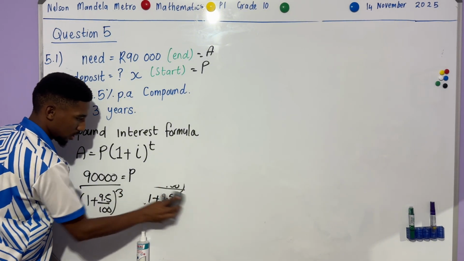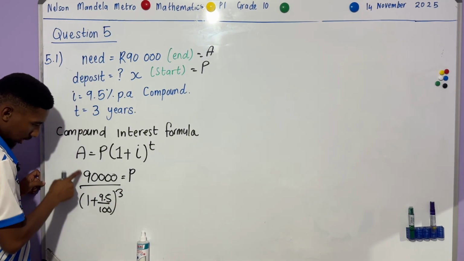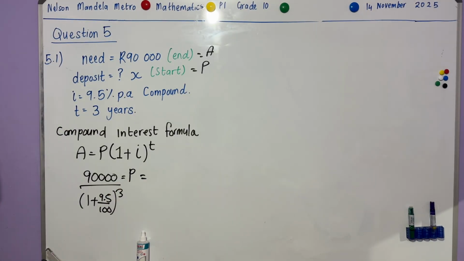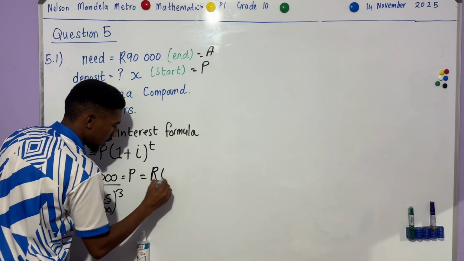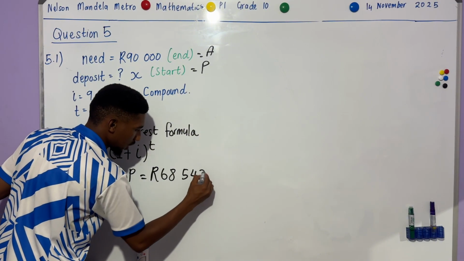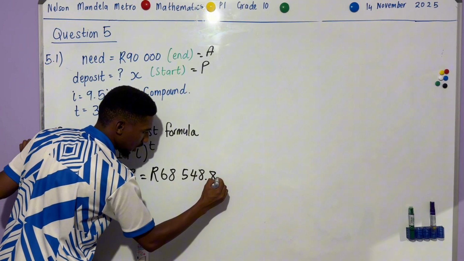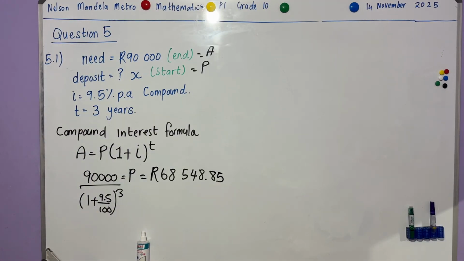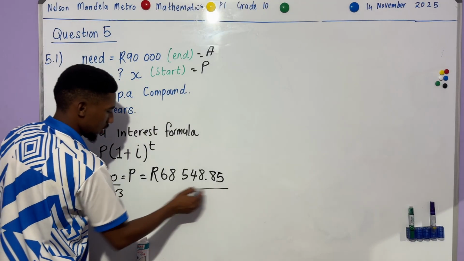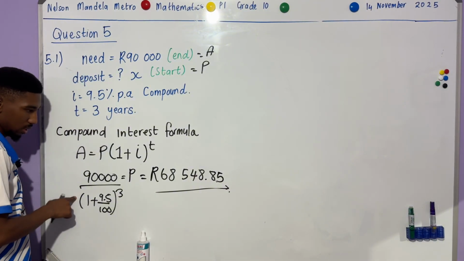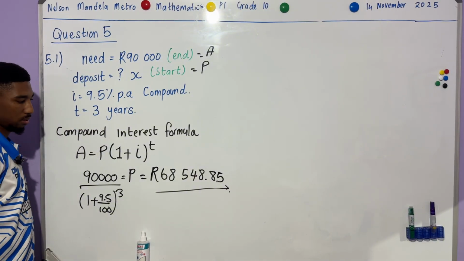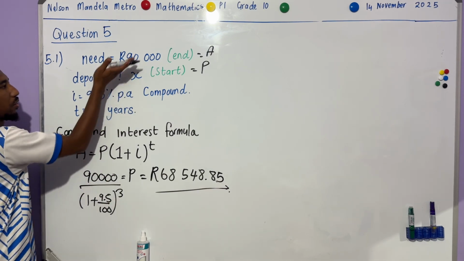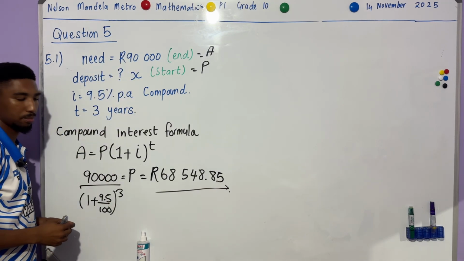Then this will cancel, and then this will be P, and then putting that into your calculator gives you 68,548 Rand 85. This is our final answer after plugging this into our calculator. And that's it. This is what we need to invest at the start to get at the end of 3 years 90,000 Rand.